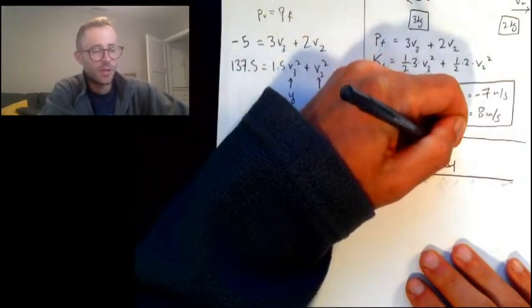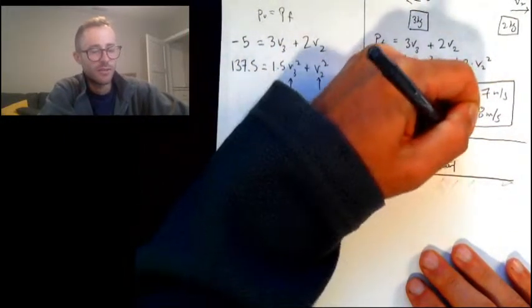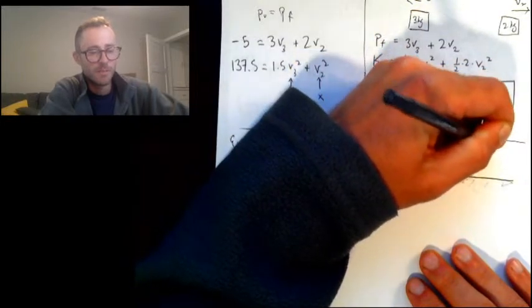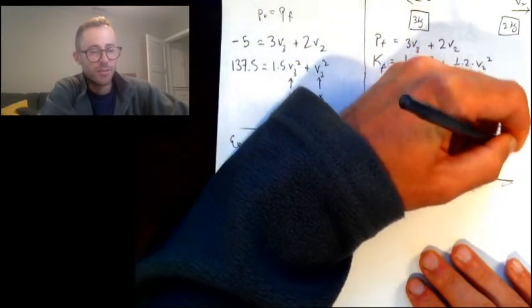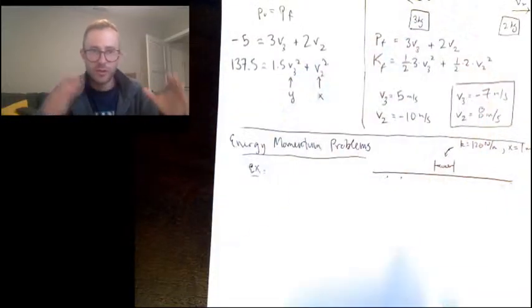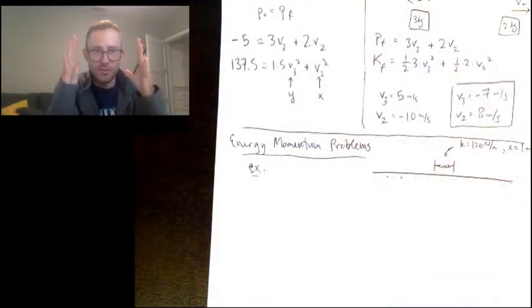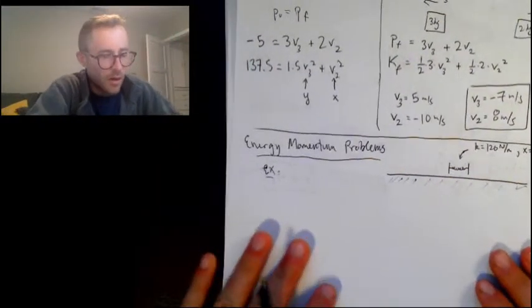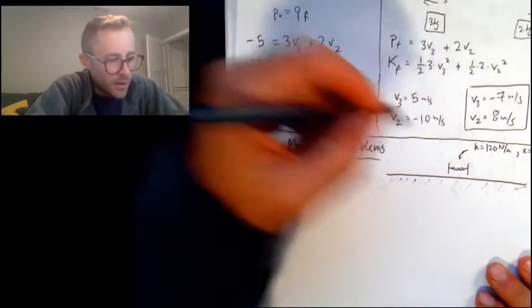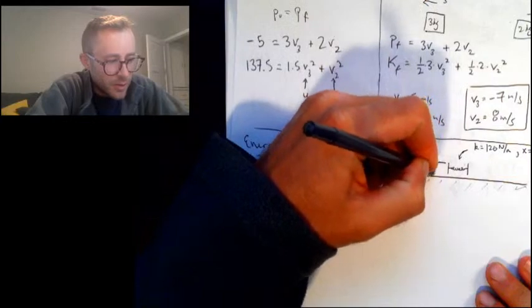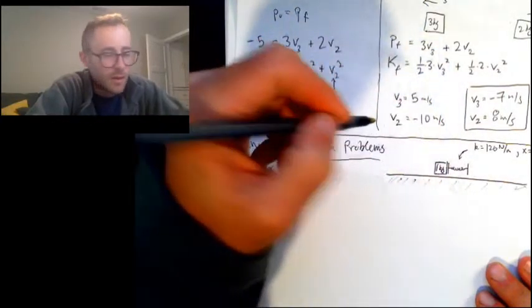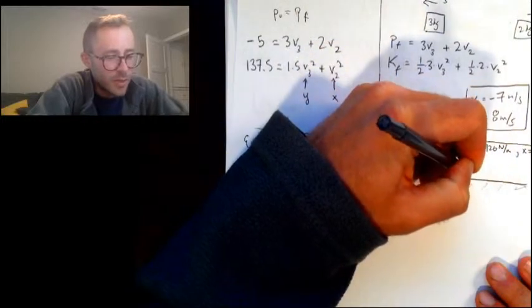And this spring has a stiffness of 120 newtons per meter, and it is compressed by 1 meter. So it's compressed. It's ready to do its spring thing. On either side of the spring, we have a 1 kilogram mass and a 2 kilogram mass.